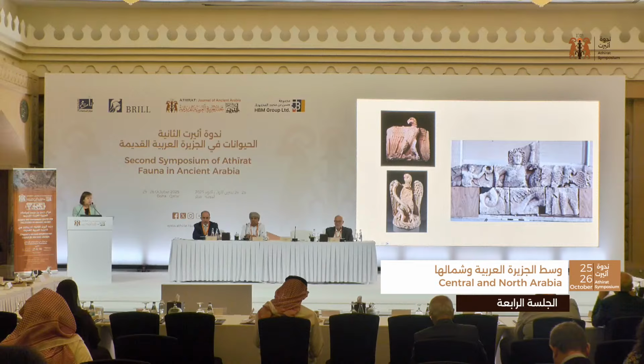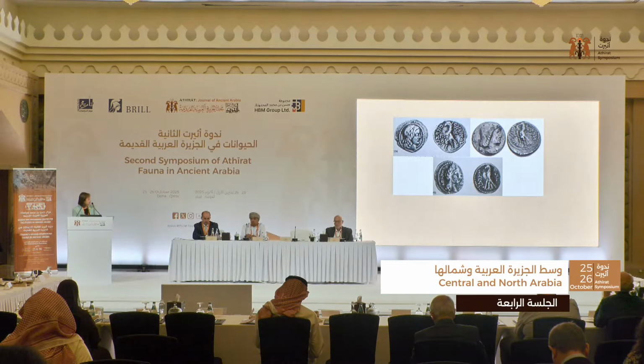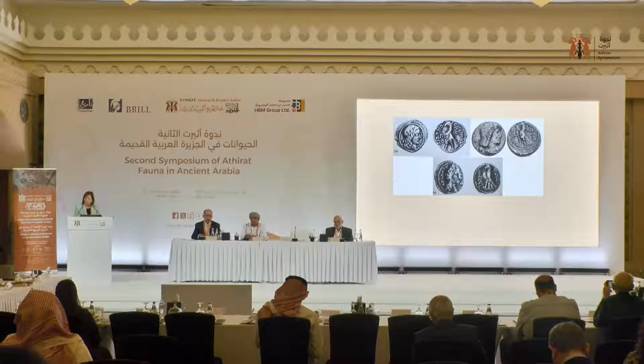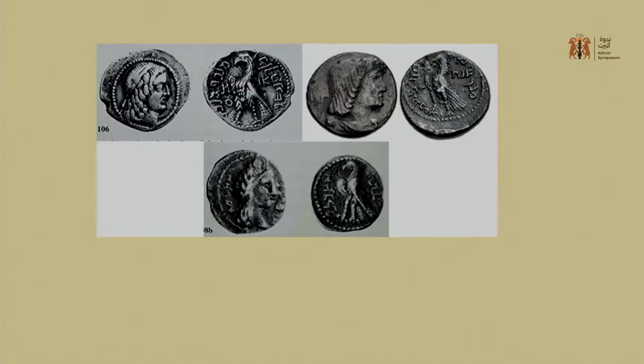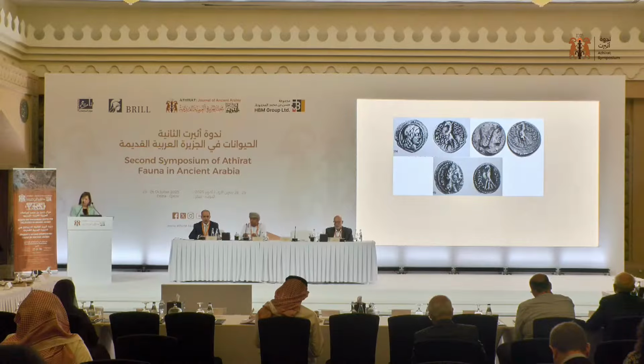The one on top is an eagle from Petra, as part of the building stones in Petra. On the Nabatean coins, we also see eagles. It's very similar to the coins of the Ptolemies and the Seleucids, almost standing on the thunderbolt symbol, the eagle here.